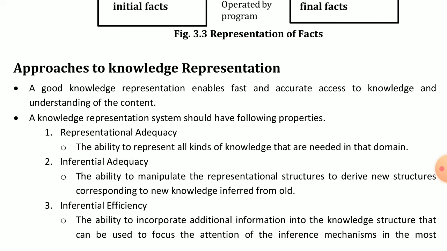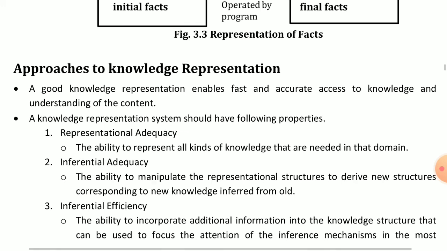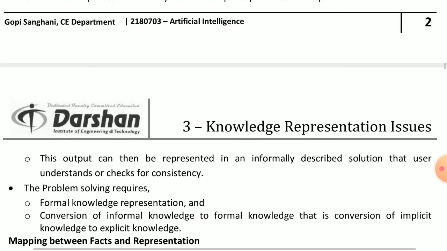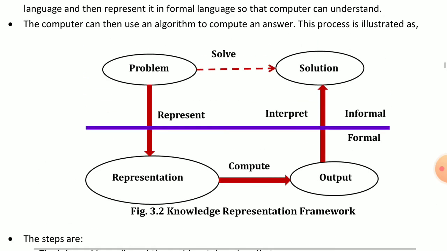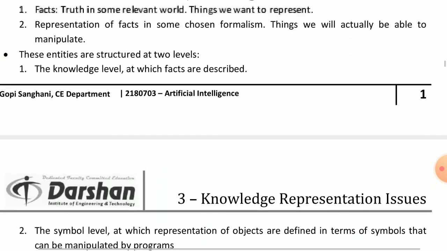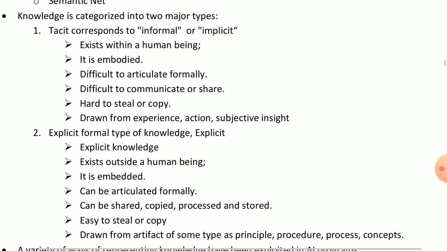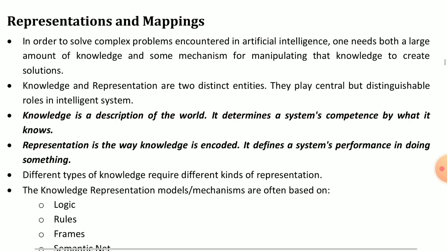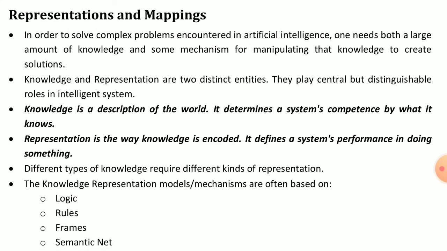Now I will revise the topics which were completed in today's video lecture. Today I started unit number 3 of AI, which is named knowledge representation issues. First I explained the representation and mapping concept.